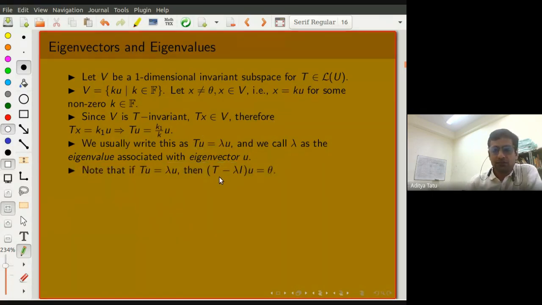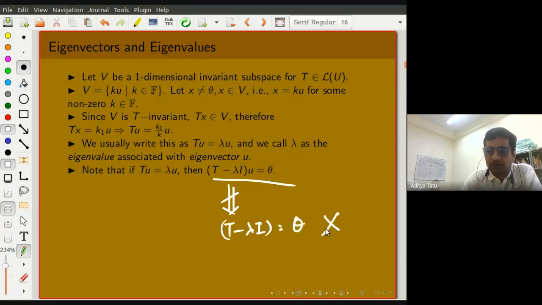Okay, so this is what we all agree with, I hope. Please never say that this implies T minus lambda I equals theta. This is horribly wrong. These both of them are not elements of a field.